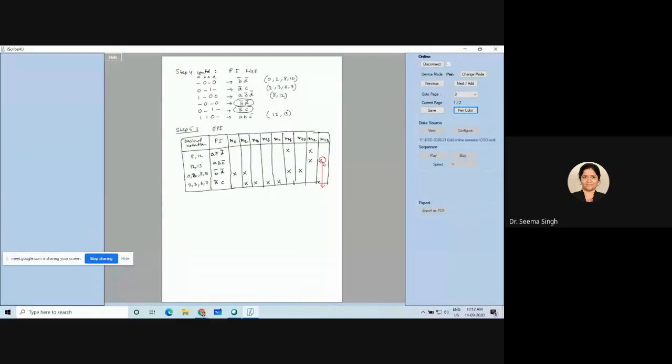Who was giving me this 13? This 13 was being given by A, B, C bar. So A, B, C bar is giving me 13, and along with 13, it is giving me a 12 also. So I will put a horizontal line for this A, B, C bar, saying that one of the prime implicants is ready.